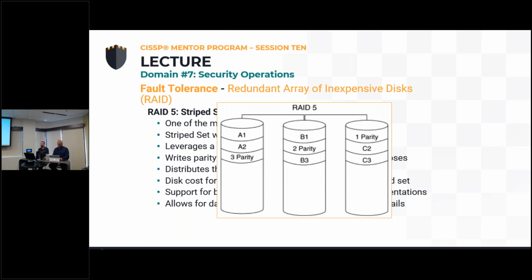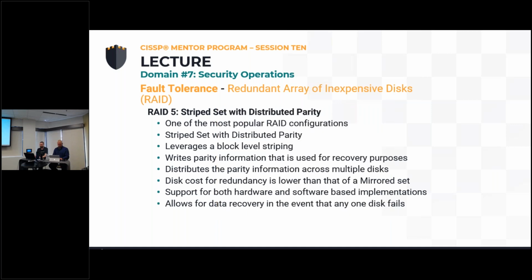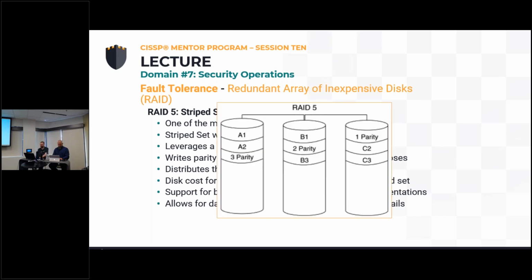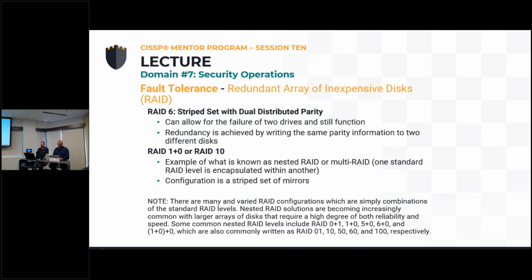If you lose one of those drives, you can put in a new drive and it can recover that data off of those parity bits. Cost is lower than a mirrored set, with hardware and software implementations. If one of your disks fails, you can recover from it. So there you go.